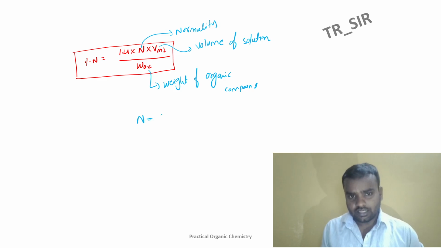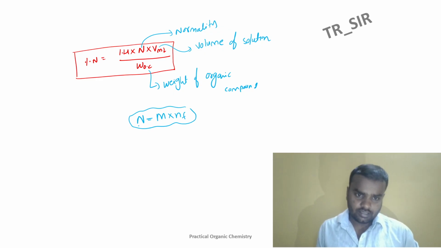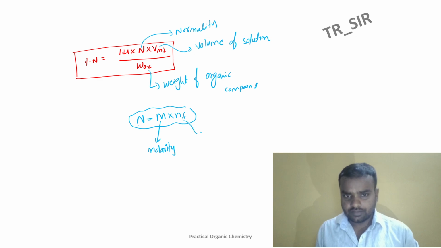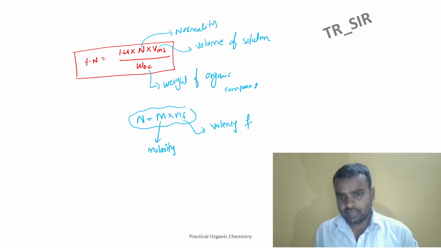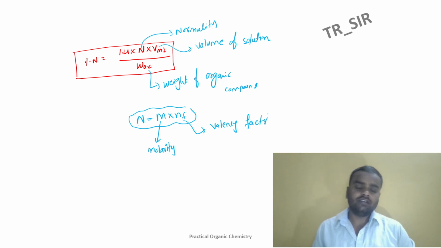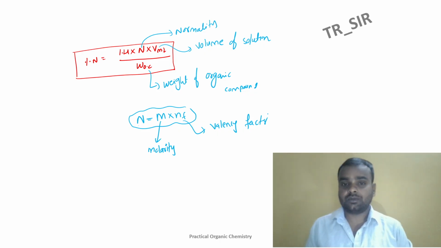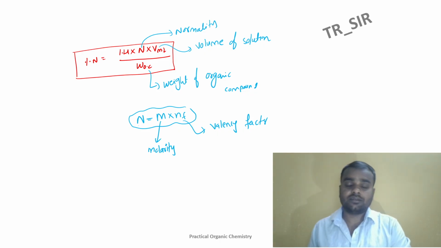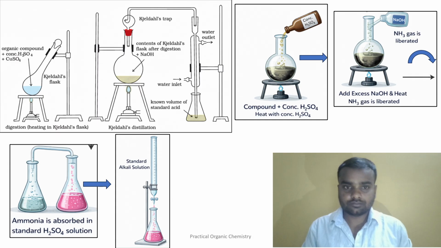We need to know the relation between normality and molarity. This one is the normality. What is this one? This is molarity, whereas this one is the valency factor. Valency factor for acids is the number of H plus ions, and for bases, the number of OH minus ions.